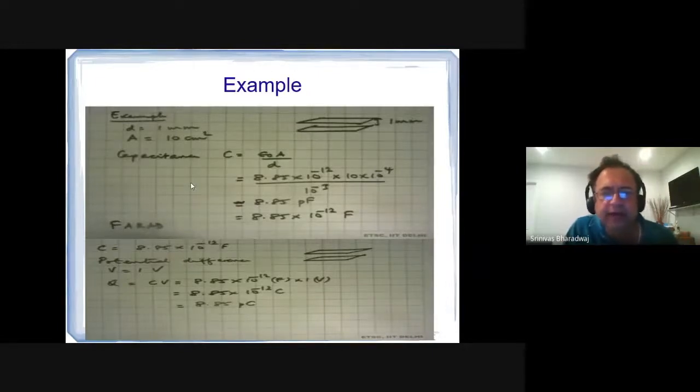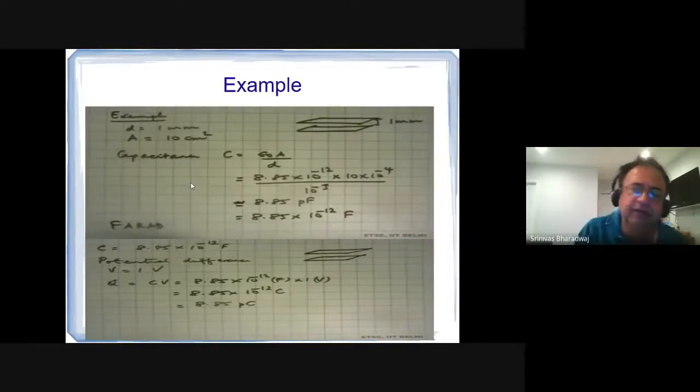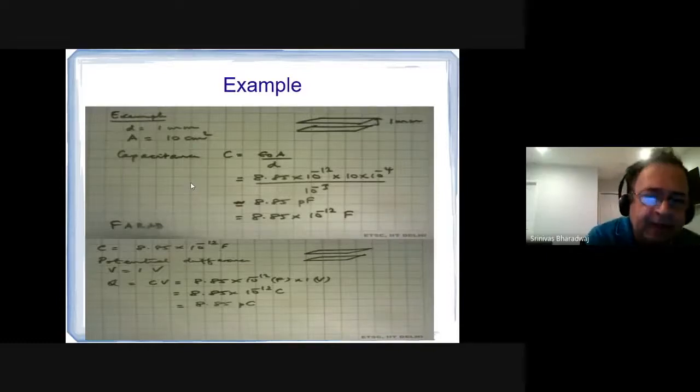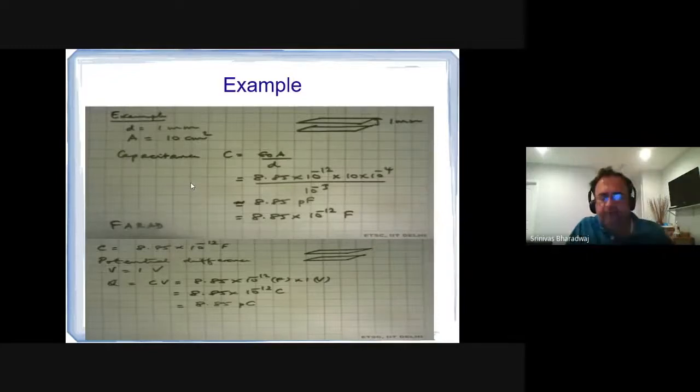And if you had a dielectric present in between the plates, that will introduce a dielectric constant to the equation: K times, or epsilon R times, epsilon naught A by D. So it becomes K times C if you introduce the dielectric, where K is some constant number known as the dielectric constant.